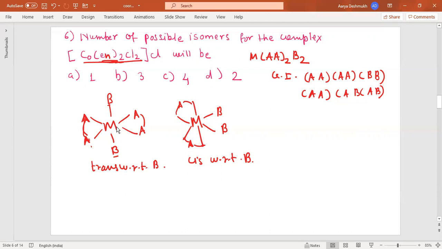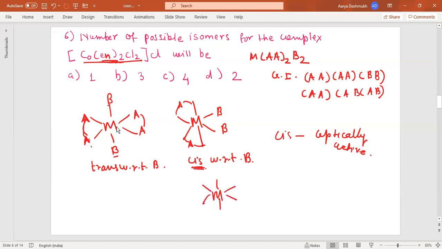So this diagonally opposite cis isomer here is optically active. And instead of this, I can draw this like this also, so that it will be more clear for you.